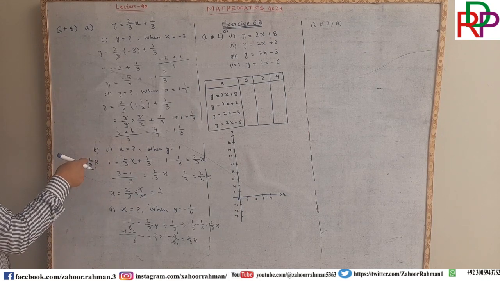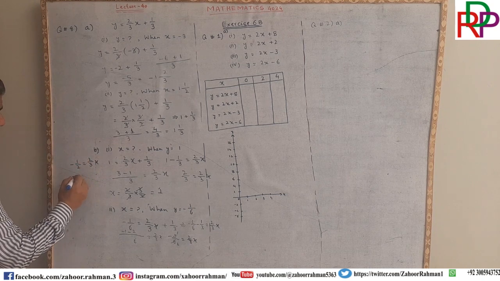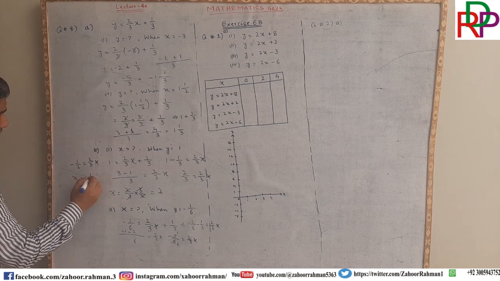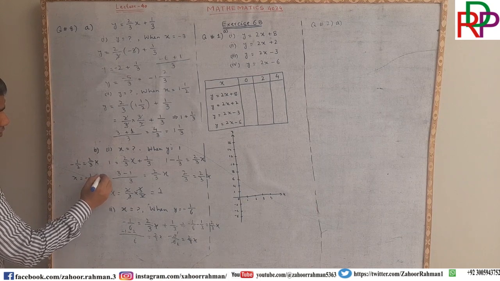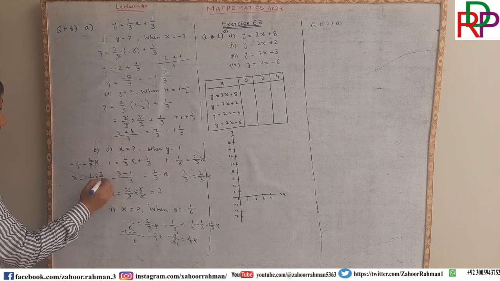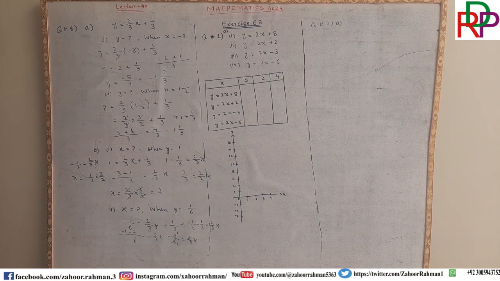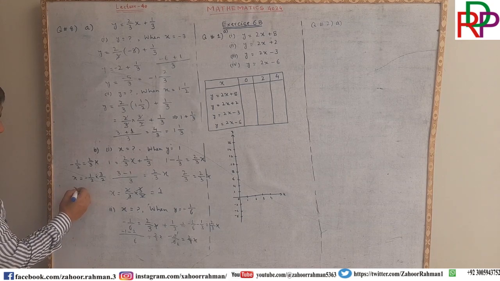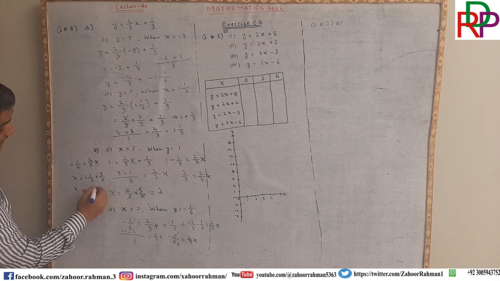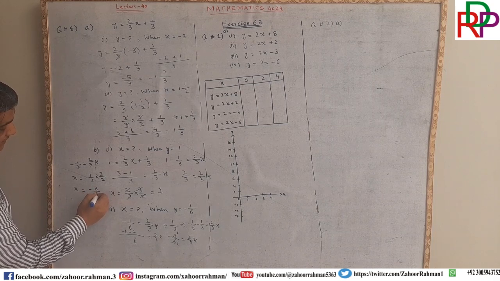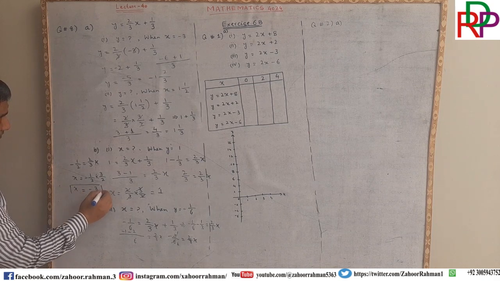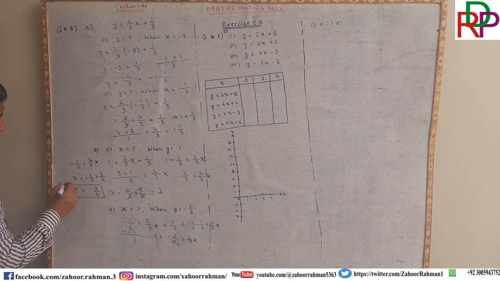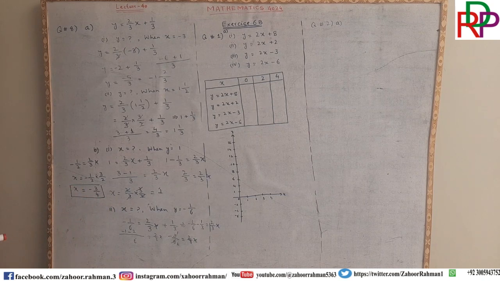Now we have to take the reciprocal of this, which is equal to minus 1 over 2 and 3 over 2. Now this x will be equal to minus 3 divided by 4, and that is the ultimate answer because 3 is not divisible by 4.